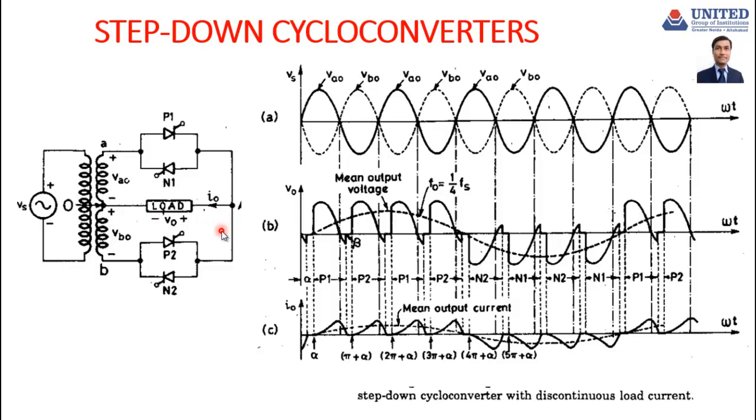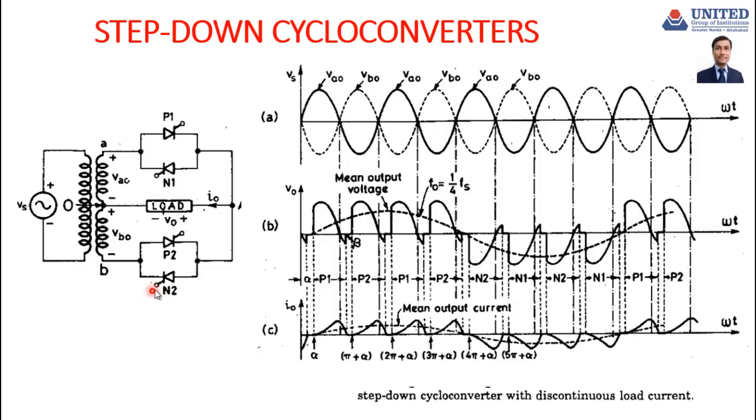After N2 is triggered, load current starts flowing in negative direction. So here we see that current rises in negative direction. In the next half cycle, O is positive with respect to A, but N1 is fired and I naught current goes to 0, and this N2 is naturally commutated.